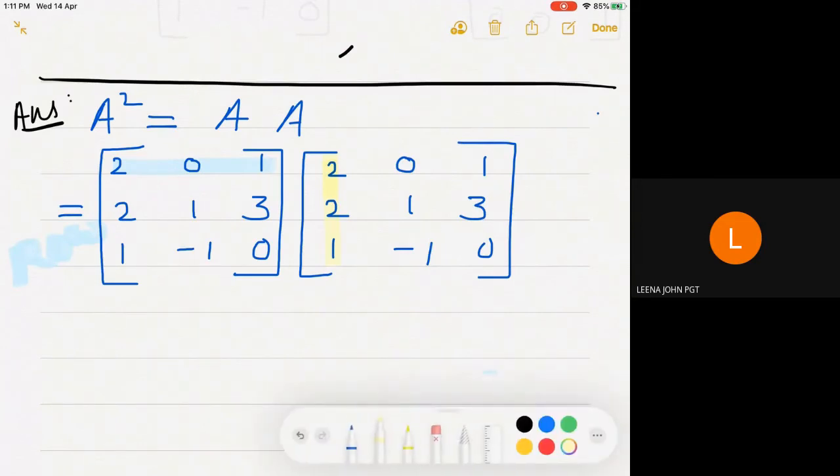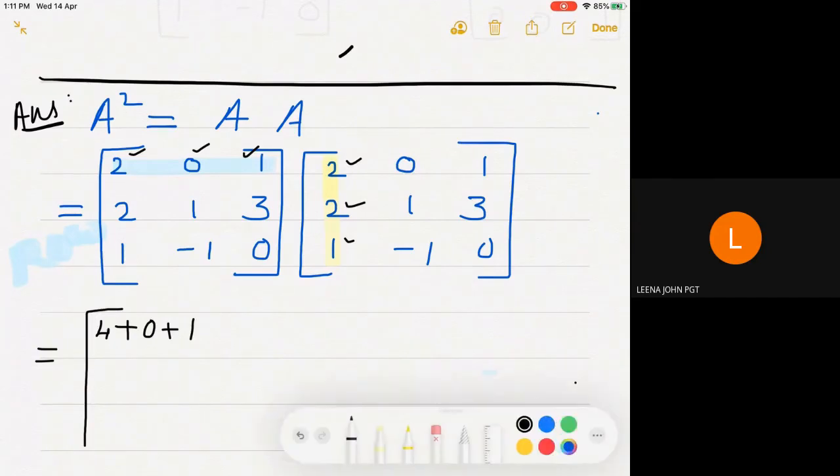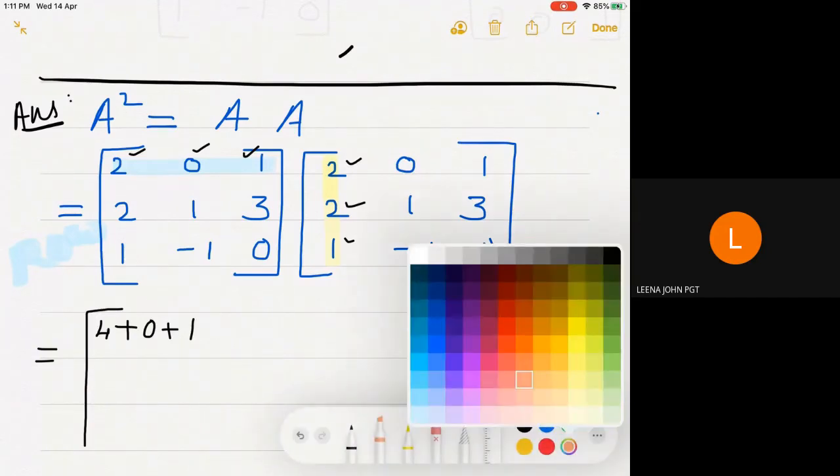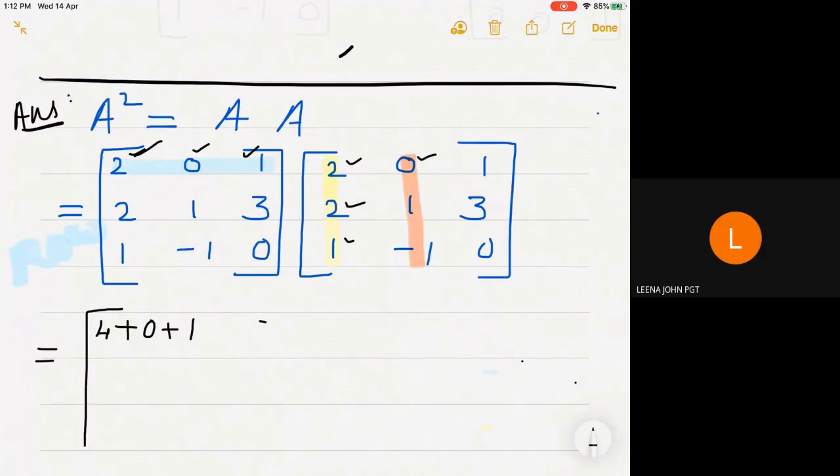So on multiplication, what you get? It will be 2 into 2, that is 4, plus 0 into 2, that is 0, plus 1 into 1. The first row is multiplied with the first column. Again, the first row, you have to multiply with the second column. So on multiplication you get 2 into 0, that is 0, plus 0 into 1, that is 0, plus 1 into minus 1.